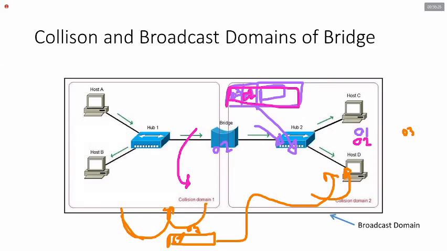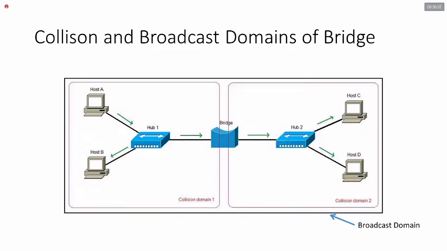Right. So now we look at collision and broadcast domains. Now, let's say A is trying to send a message, and D is trying to send a message. Not to each other; if it is each other, this is a different question.